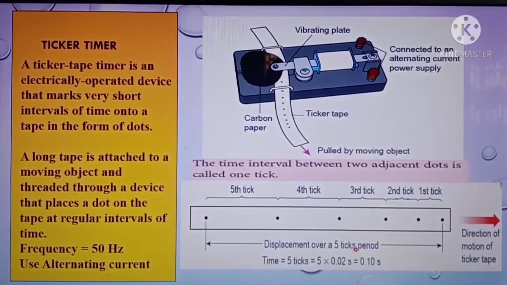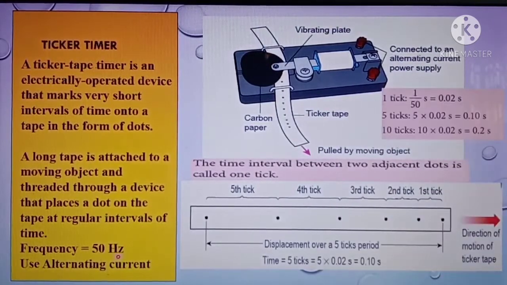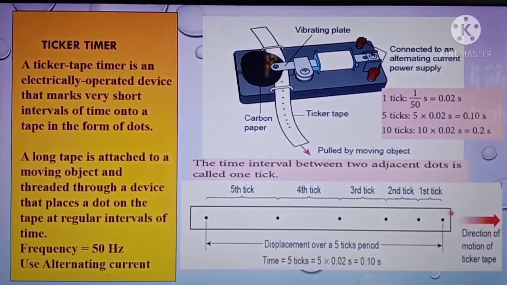How can we determine one tick? One tick depends on the frequency. The frequency here is 50 Hz, meaning one tick equals 1 divided by 50, or 0.02 second. Here we have 5 ticks. Thus, the total time taken for this ticker tape equals 5 ticks, or 5 times 0.02 second, which equals 0.10 second.